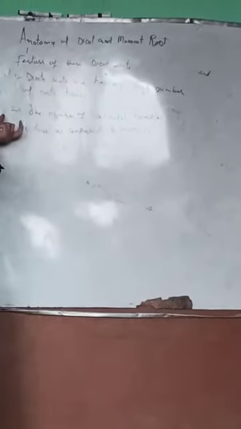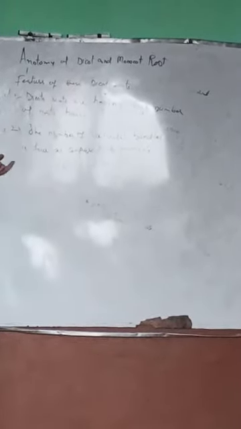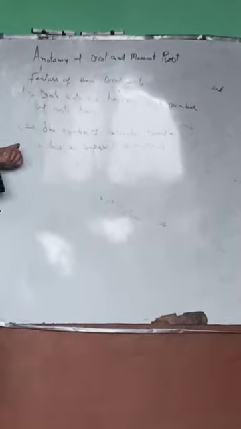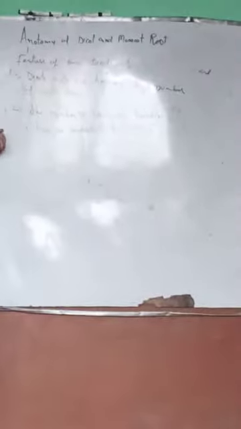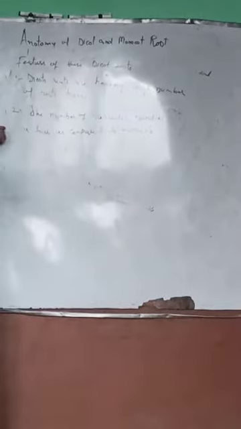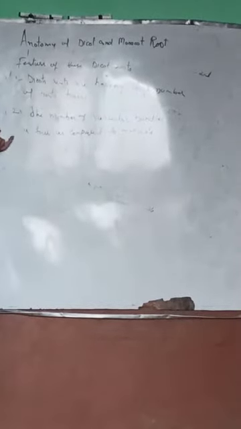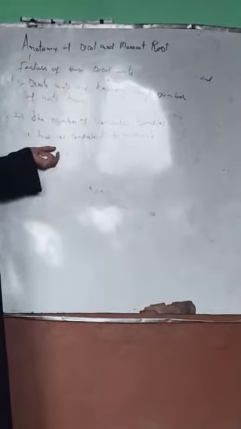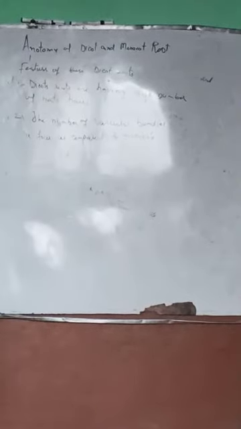There are 4 vascular bundles, which are arranged radially. In presence of that there is cambium, so we call them open vascular bundles.